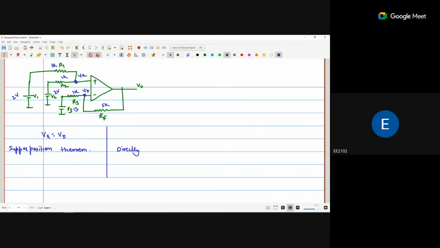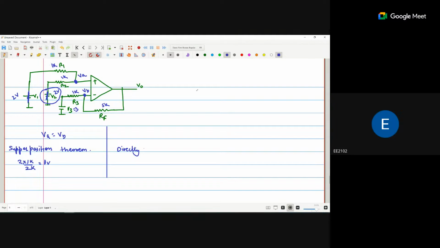If we apply the superposition theorem, first we consider this particular voltage. If I consider this voltage, the other one is short circuit. So 2 volts will be dropped across 1K and 1K. What is the voltage drop across 1K? 2 into 1K divided by 2K. So 1 volt will be dropped.